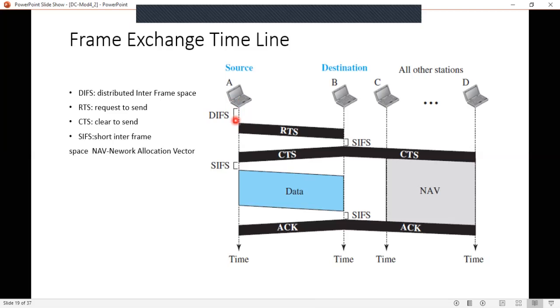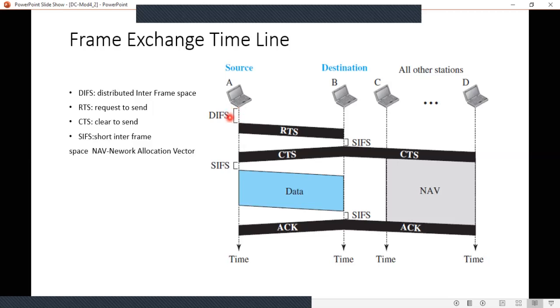Now, when it sees that it is idle, that is, energy level is 0, the station needs to wait for a time period. This waiting time period is called the DIFS time period.